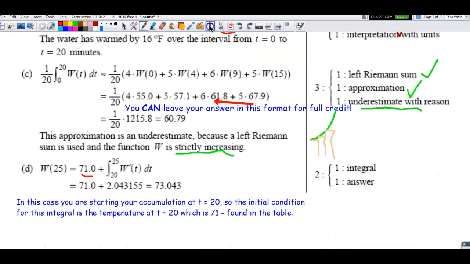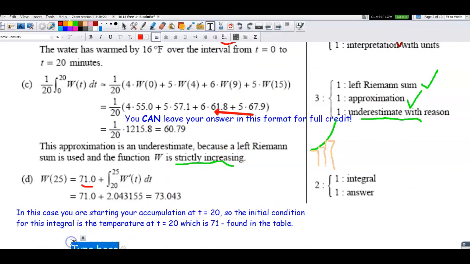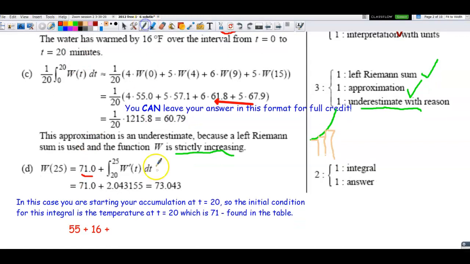You just as easily could have had in your work 55 plus, and then you could have had the 16 degrees, or you could write the integral from 0 to 20 of W prime plus, and then go to the integral that they have written right here.